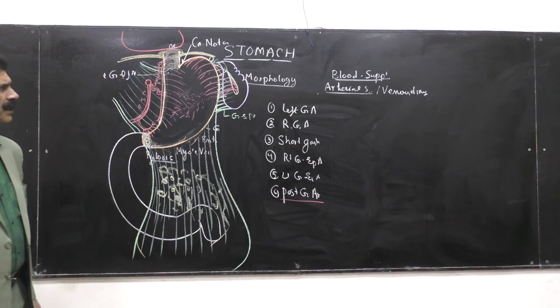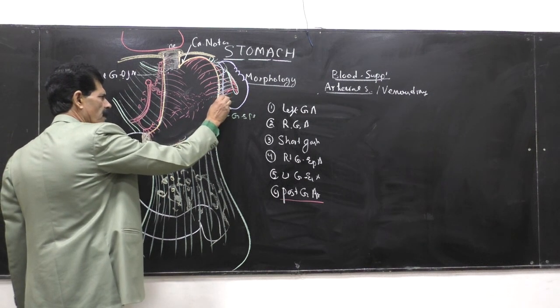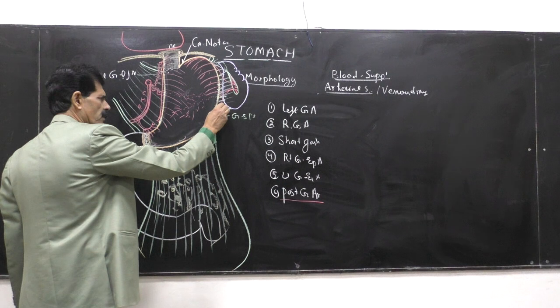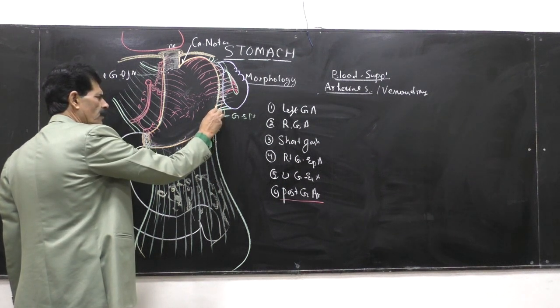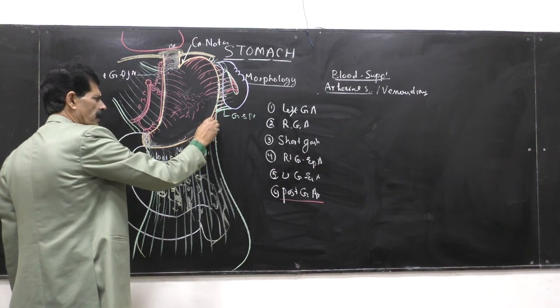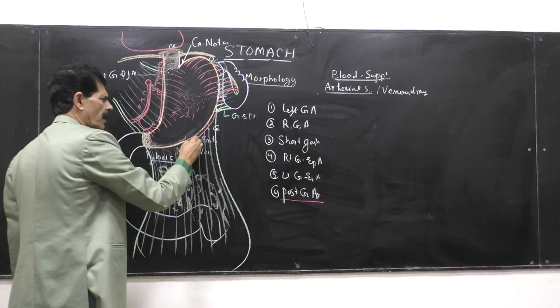Now, the splenic artery also gives a branch which runs into the number 1 and number 2 layers of the gastrosplenic ligament. From the gastrosplenic ligament, this artery enters the number 1 and number 2 layers of the greater omentum, and this artery is called the left gastroepiploic artery.